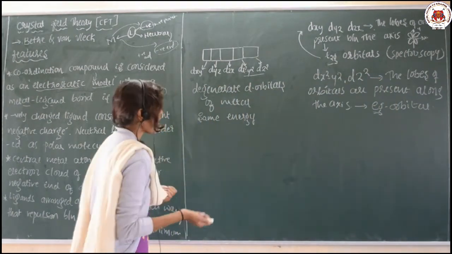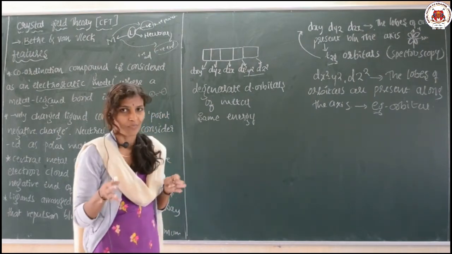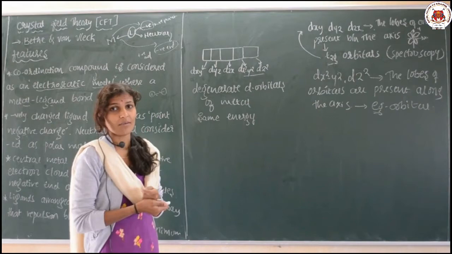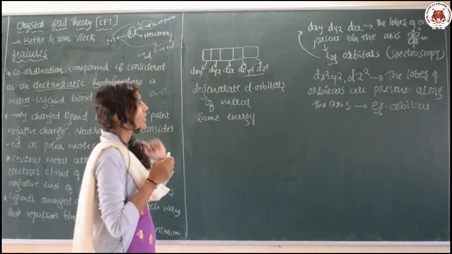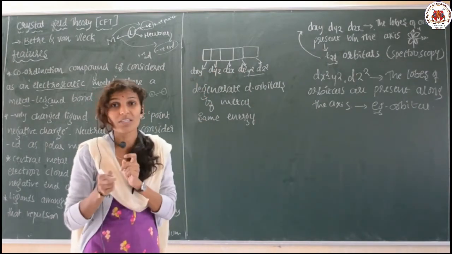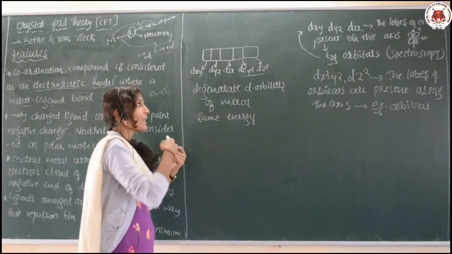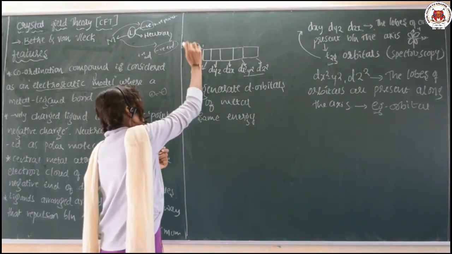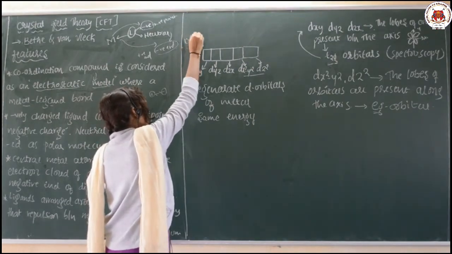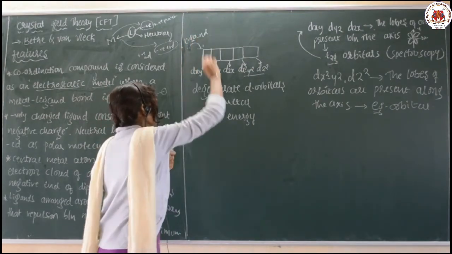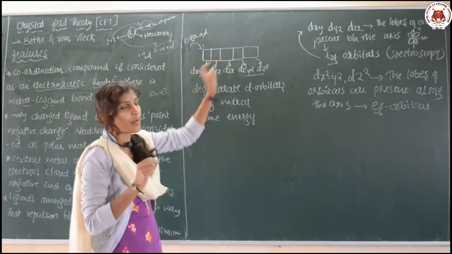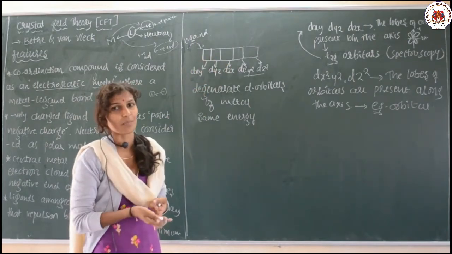Okay. Now any complex is formed with the help of the ligand. Until now we were talking only about the central metal atom; we also need the ligand. When the ligand approaches the central metal atom, there is a repulsion between the ligand and the orbitals of the metal. Why is there a repulsion?